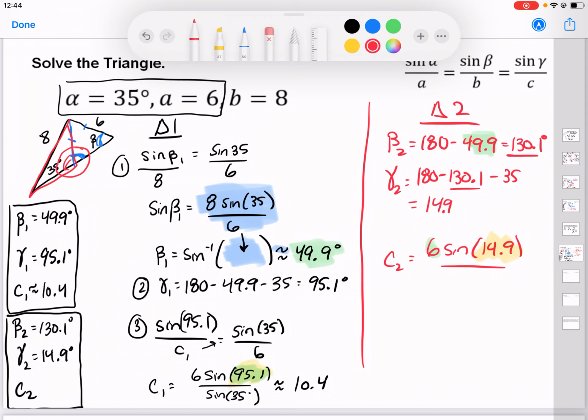And C2, it's actually a lot smaller. You get 2.7.